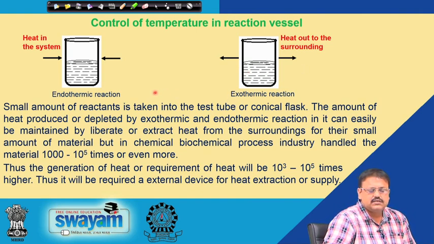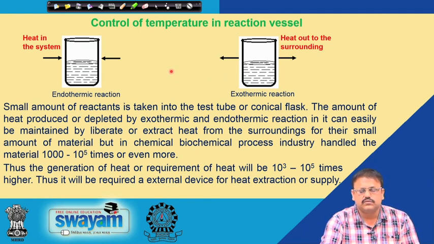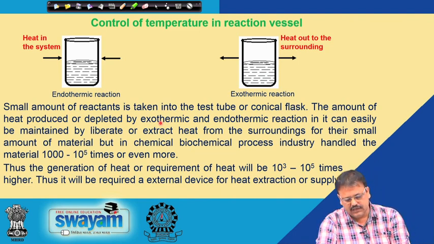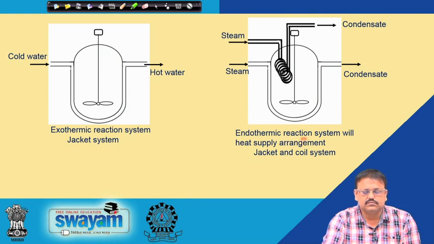But in chemical industry, when we are handling a huge amount of materials, almost 10 to the power 3 to 10 to the power 5 times more, or even more, the production or depletion of heat is in such a quantity that we cannot maintain it by simply supplying heat from or to the environment. So, it is very much required to design some device for supplying heat for the endothermic reaction and for the extraction of heat from the exothermic reaction.